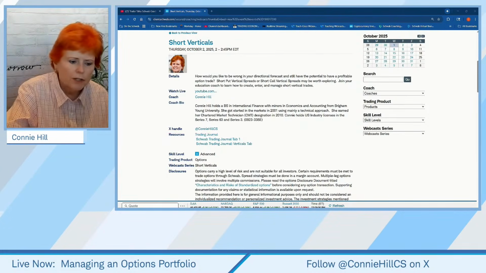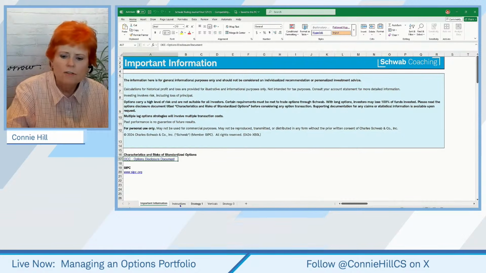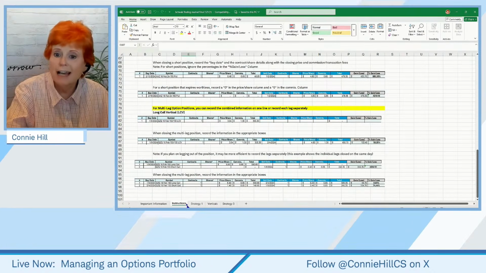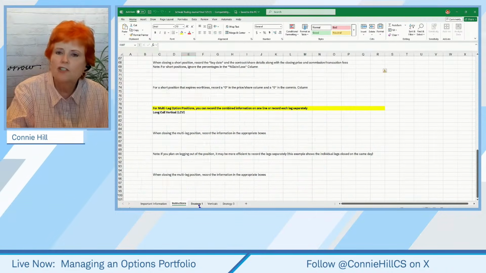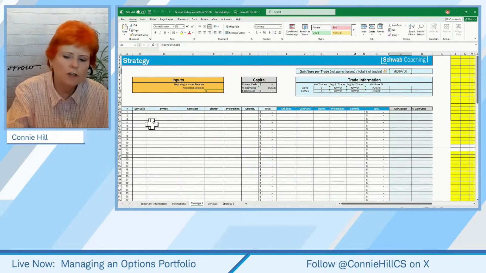Now, I'm just going to show you the look of the trading journal here. I already downloaded it a little bit earlier. The first tab has some information, and the second tab has instructions: how do you really use the journal? And then there's a tab here that says strategy 1. So if you're doing a long call or long put, whatever. Actually, a short put vertical I wouldn't do here.